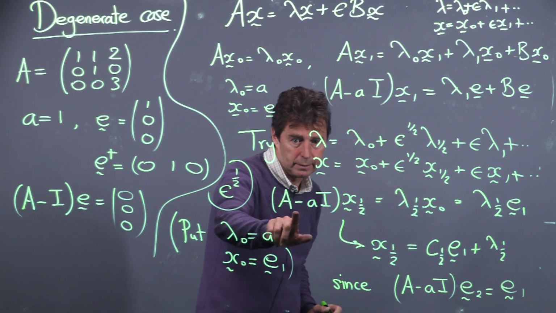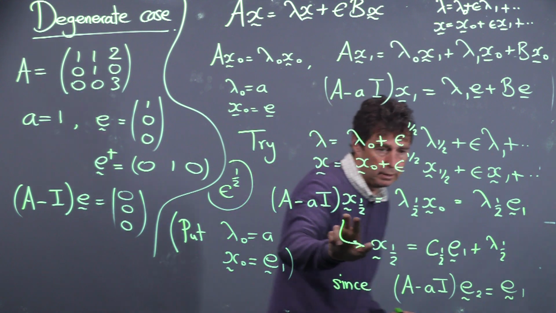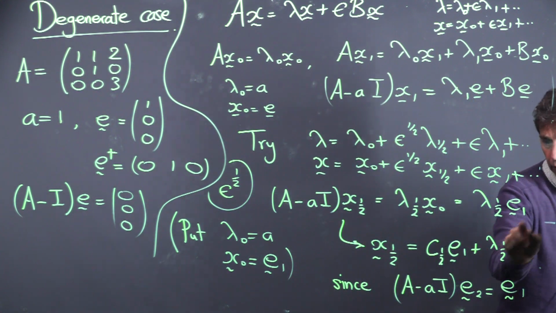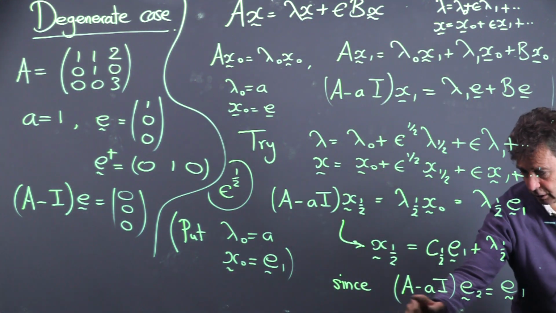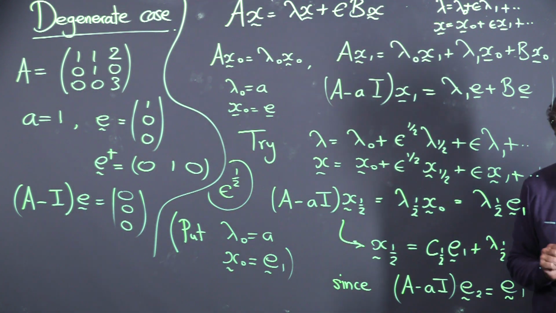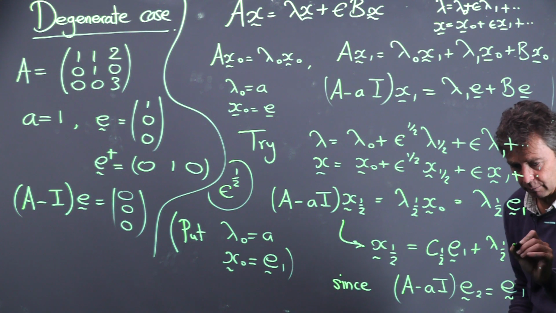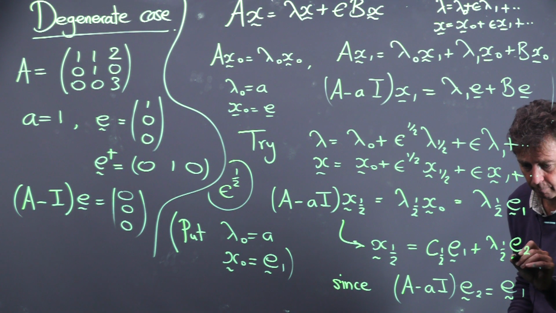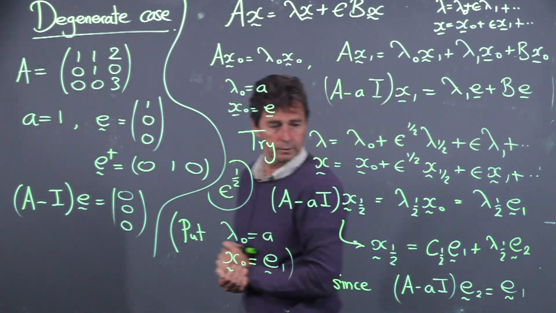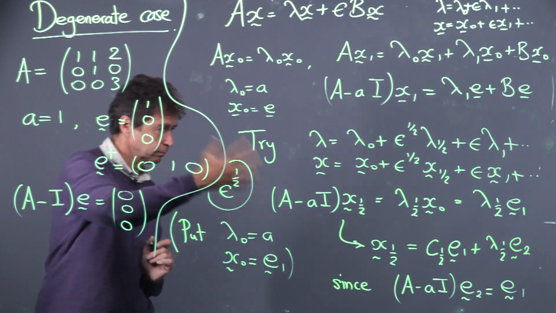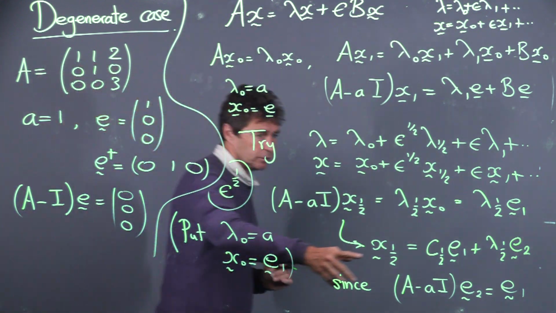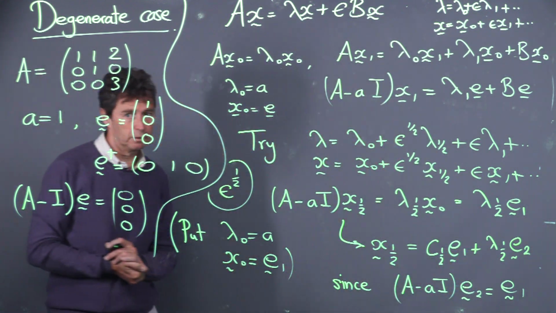All right, A minus lambda I times the thing that I need is lambda 1/2 E1, so I'm just going to multiply this by lambda to the 1/2. So I see that x2 is going to be lambda 1/2 E2. So that just solves this particular problem. So the particular solution is nothing more than my generalized eigenvector.